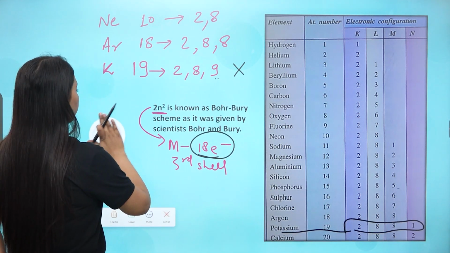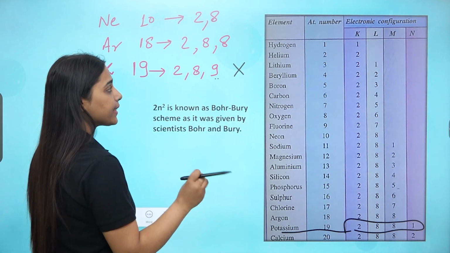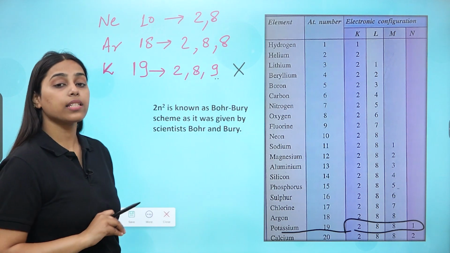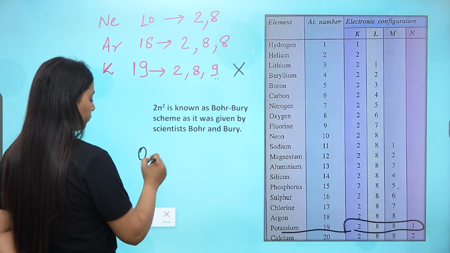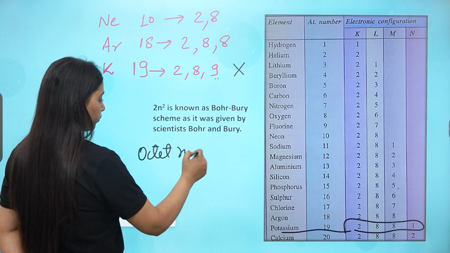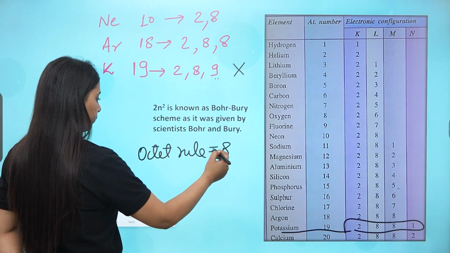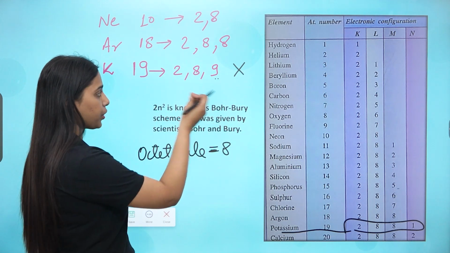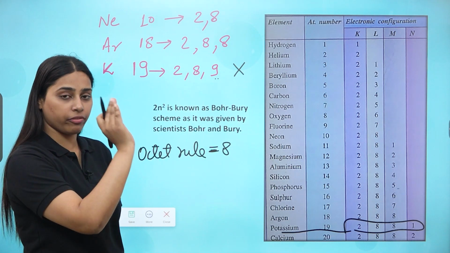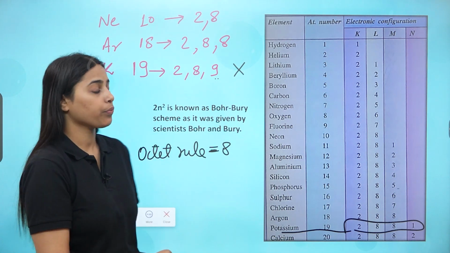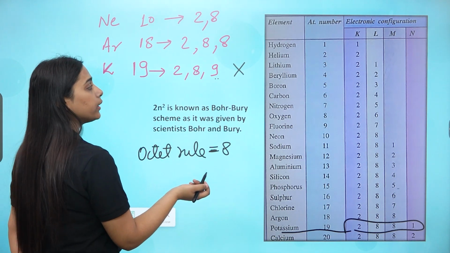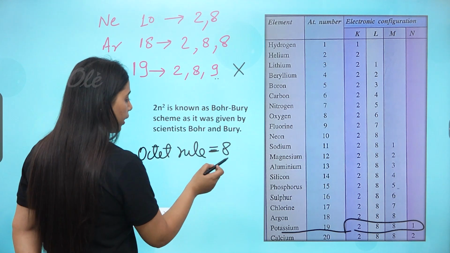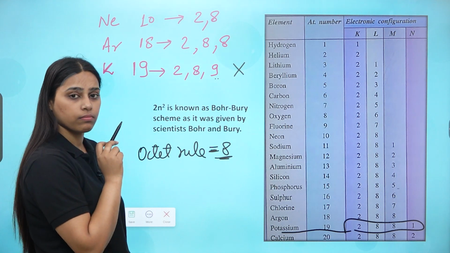It is being done because these atoms follow a stability rule also, which is known as the octet rule. Octet is for 8. Whenever you have to end the configuration of an atom, that means the last filling of electrons, you will never end elements other than noble gases at 8 electrons.